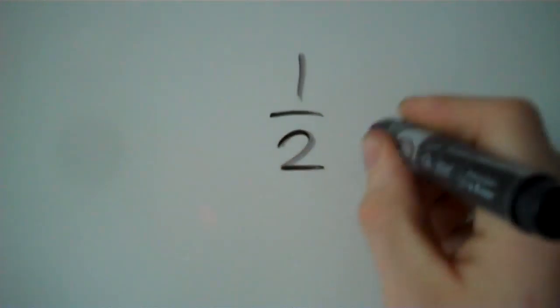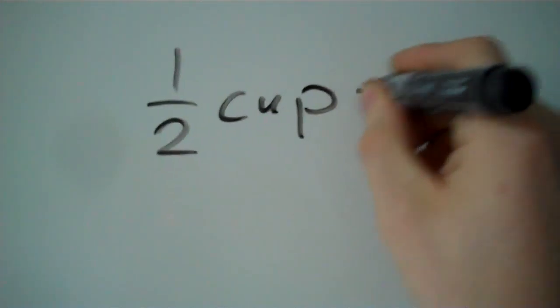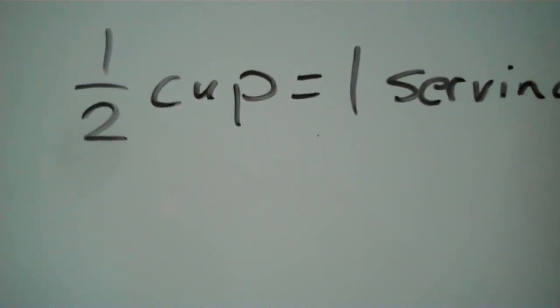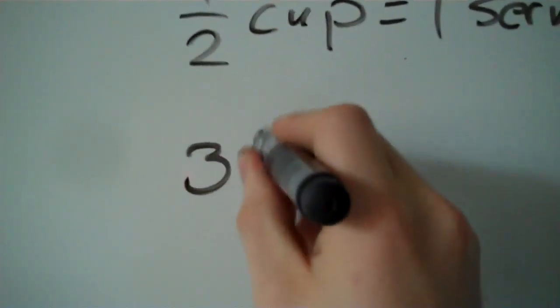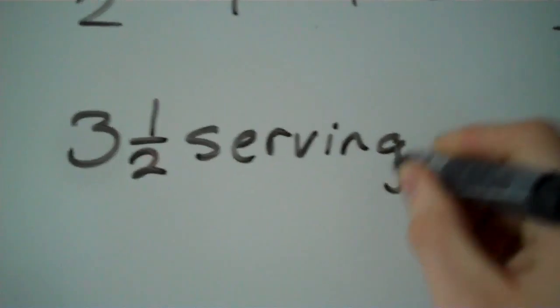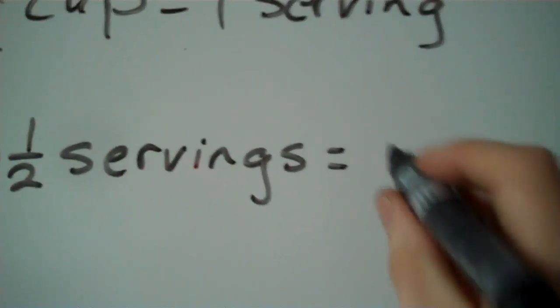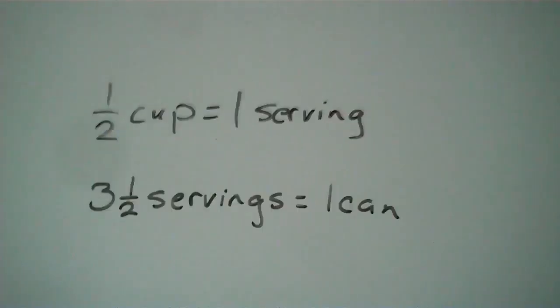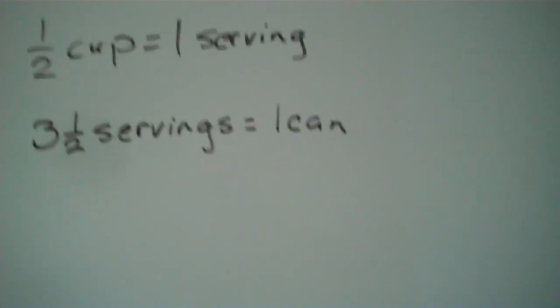Well, it says right here that there's 1/2 of a cup per serving, and there's 3.5 servings in the entire can. So if I have 1/2 of a cup is 1 serving, and I know that there are 3.5 servings in 1 can, I need to now find out some way that I can find out how many cups are in 1 can.